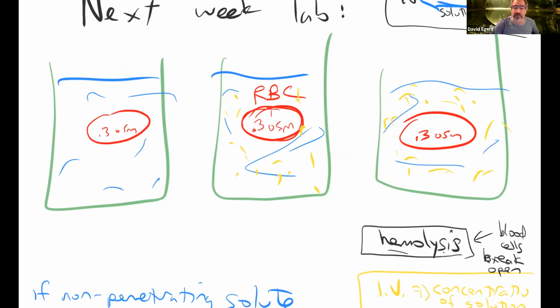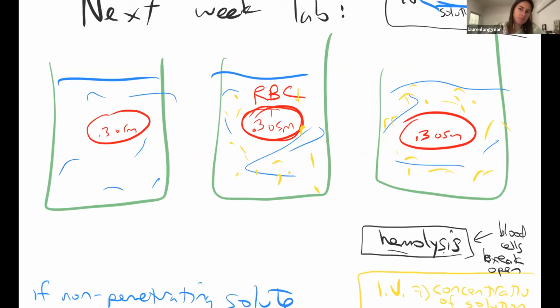What's another type of non-penetrating solute that we've been talking about? CO2? No. No. I'm so sorry. No. Wrong. Wrong. Super wrong. What about the other thing we were looking at in the Chem Review lab?